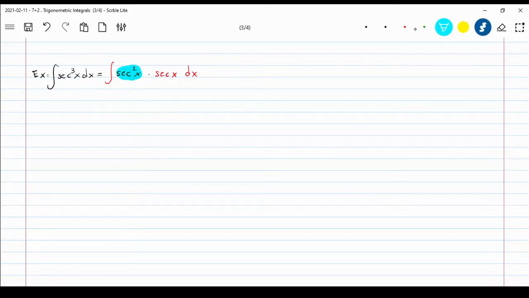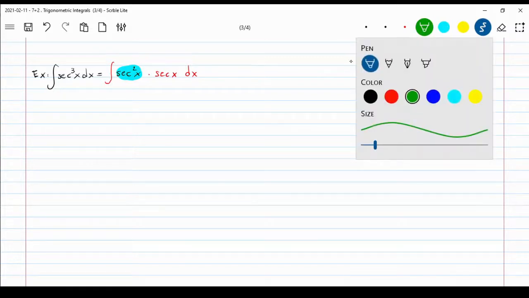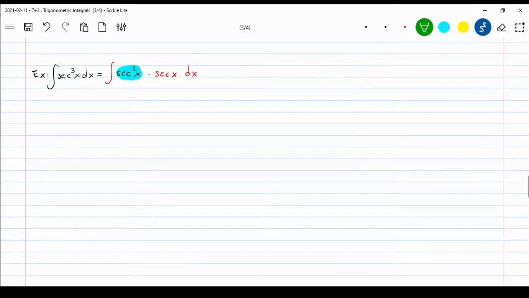So let's use integration by parts. Let u be secant x, and let dv equal secant squared x dx. So then what is v? What is du?